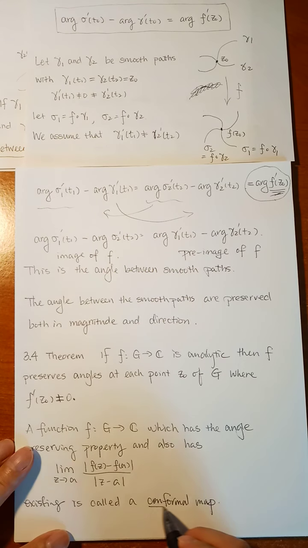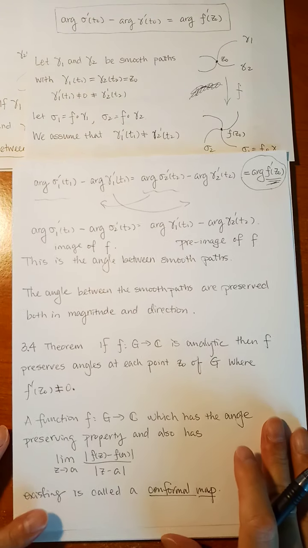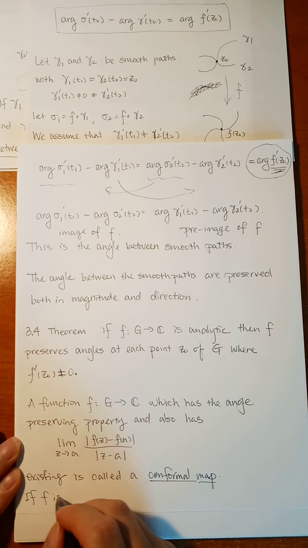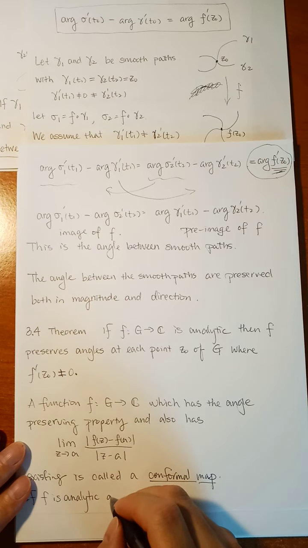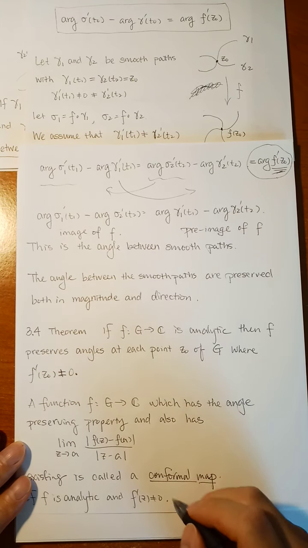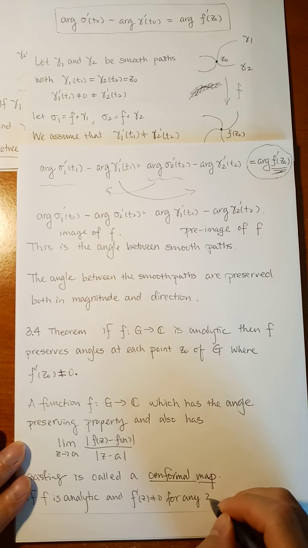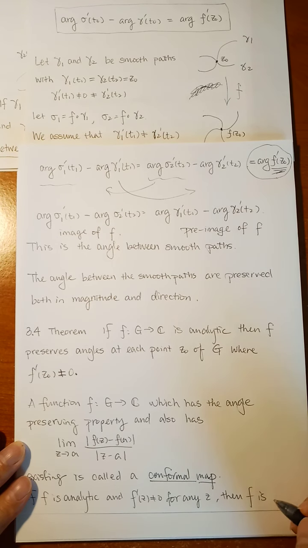That's called a conformal map. And we can see that if f is analytic and f prime of z is not equal to 0 for any z, then f is conformal. Right?